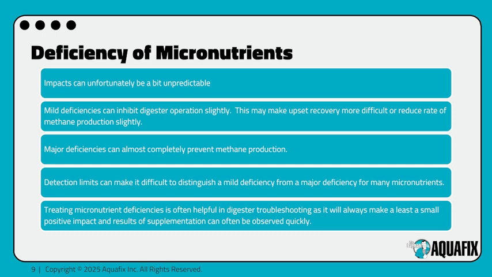So one thing that is a challenge is identifying deficiency of micronutrients. And that's because the impacts can be a bit unpredictable. For instance, we've worked with a lot of sites I've done metals testing on, and we've observed non-detect levels of selenium in many of them. Selenium is an essential micronutrient, but if you can't detect at a low enough level to identify the selenium deficiency, you can't really make much of a statement as to whether you have enough or not.